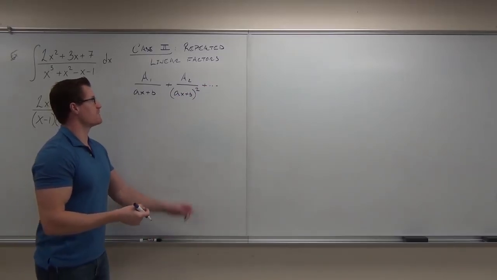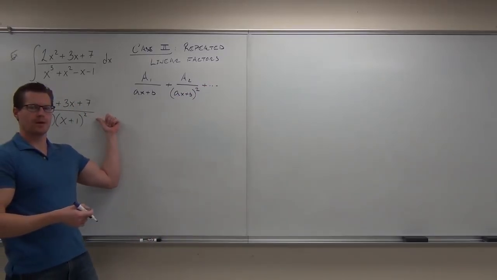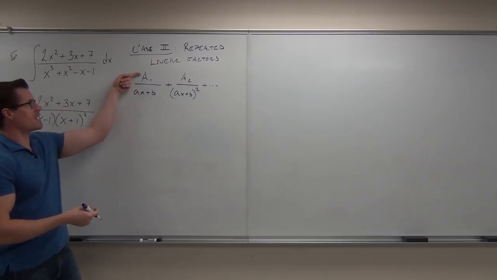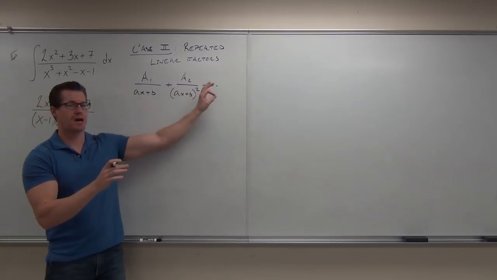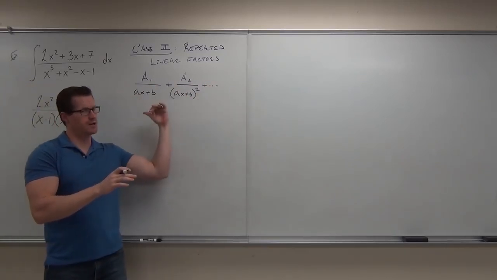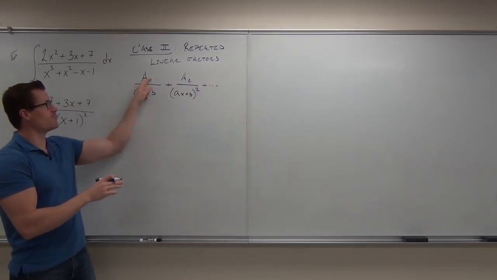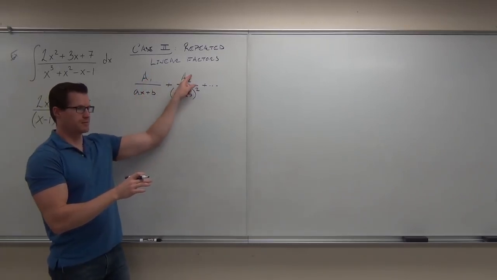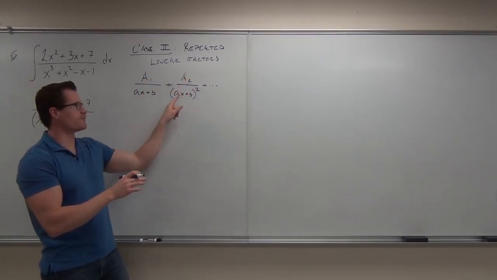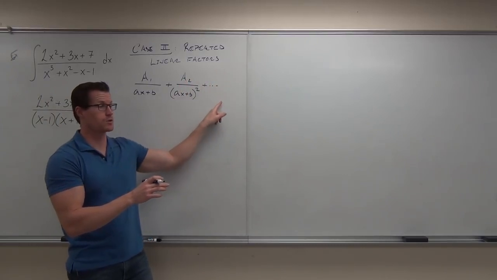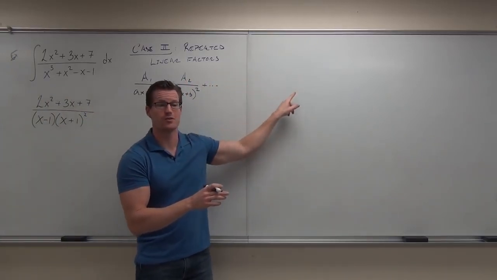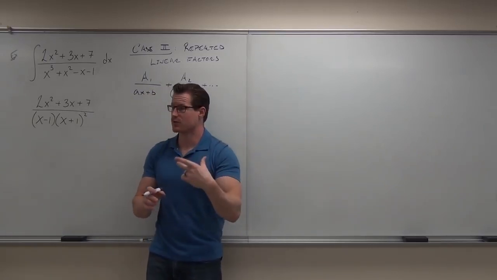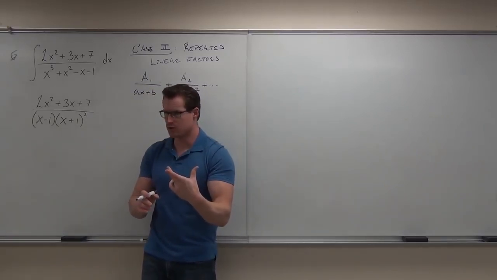So for instance, if this was to the 5th power, you'd have A over whatever linear factor you got, and you'd exhaust those powers of linear factors. I'll show you in a minute how to do that. You'd have A over the factor, B over the factor squared, then C over the factor to the 3rd, then D over the factor to the 4th, then E over the factor to the 5th. You have every single different power of that factor. Are you with me on this one?